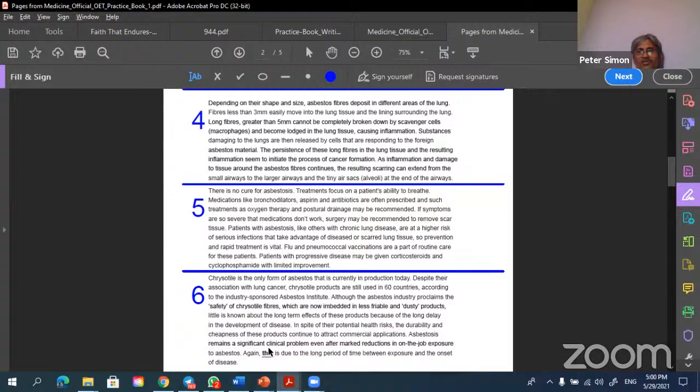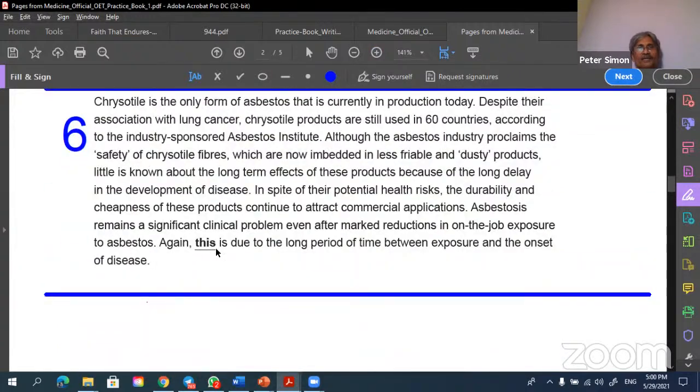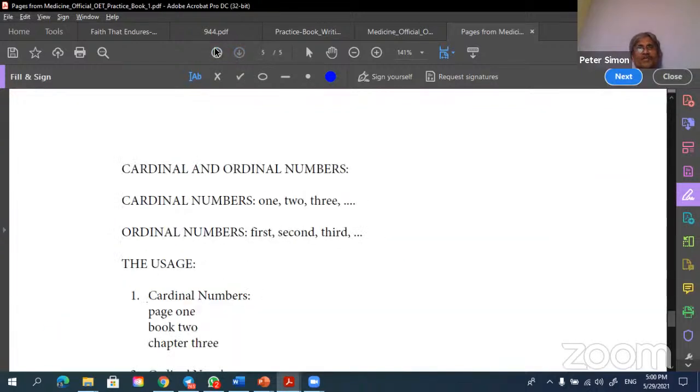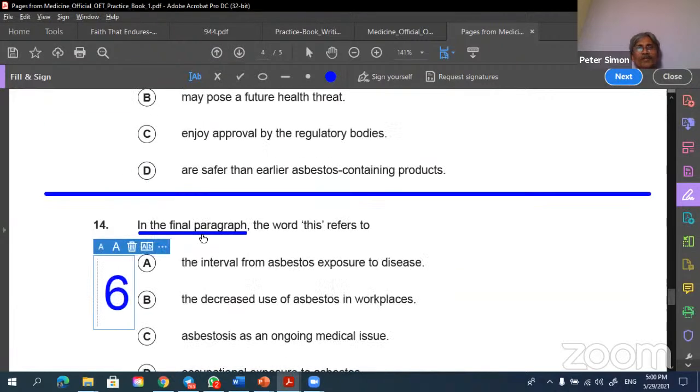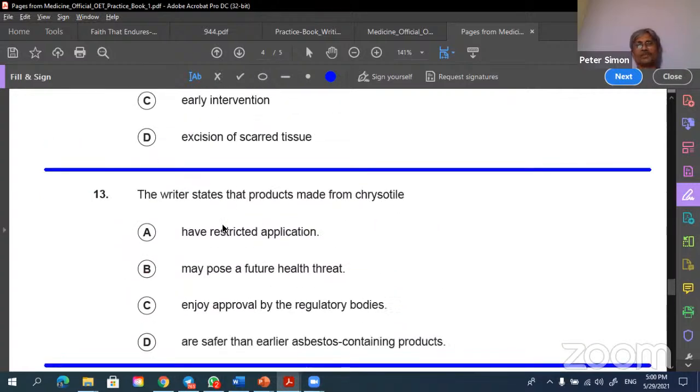Right, here you see this is in the second half. So this is due to a long period, so the second half is given. Because of that, the question is based on this. In the final paragraph, the word this refers to. So that means the previous question is in sixth. You can think like that.